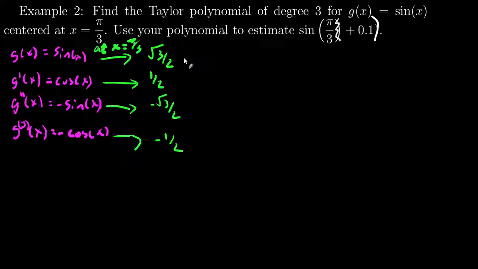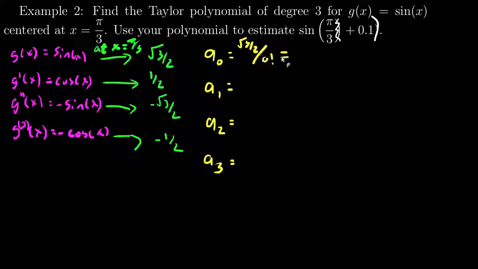And then I need to divide through to get a0, a1, a2, and a3. I'm giving myself a little bit more room to write all these factorials. So I'll have root 3 over 2 divided by 0 factorial. 0 factorial is 1, so I get root 3 over 2. I'll have 1/2 divided by 1 factorial. 1 factorial is 1, so I get 1/2.